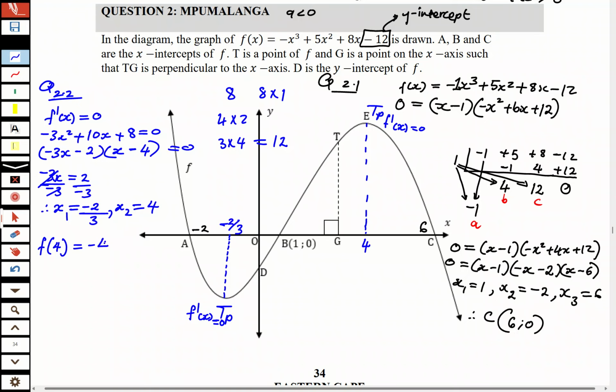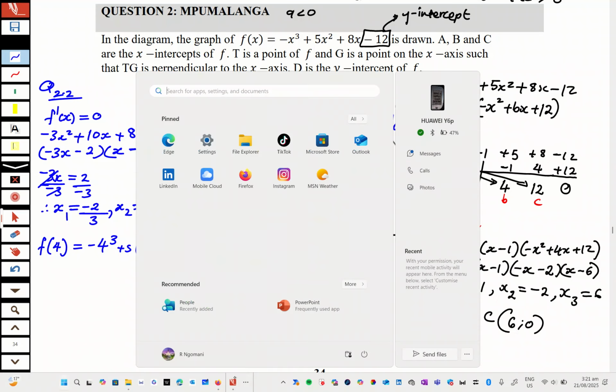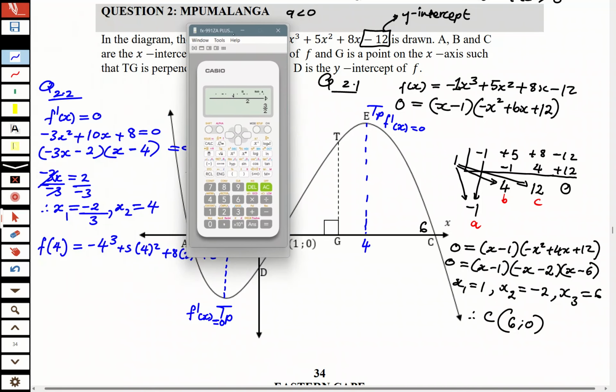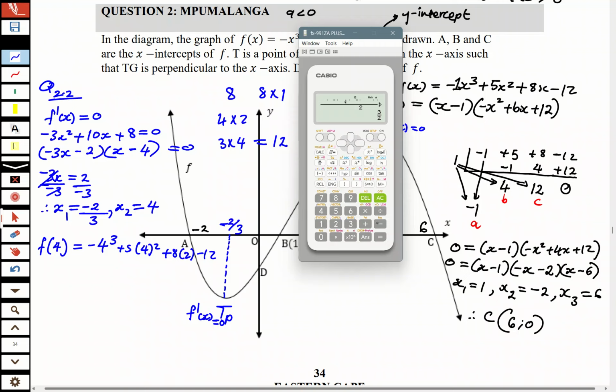So you're going to say negative 4 cubed, and then plus 5 into 4 squared, and then plus 8 into 2 minus 12. So let's see what that is.